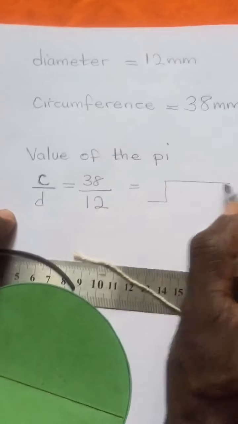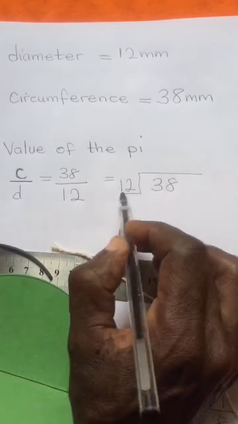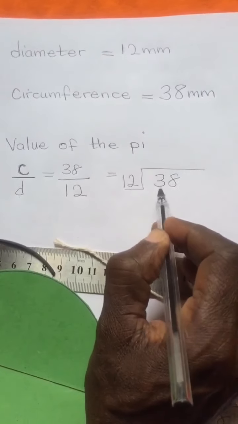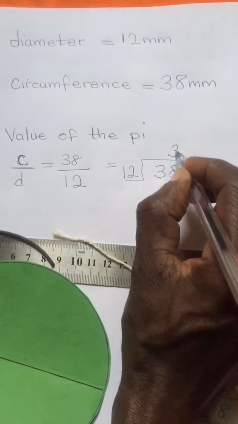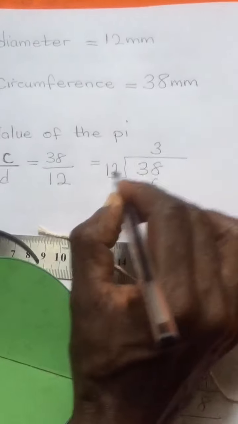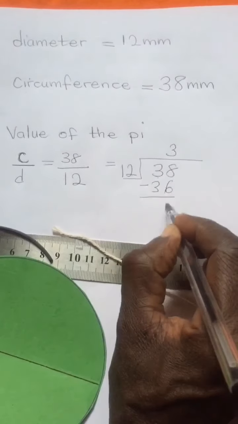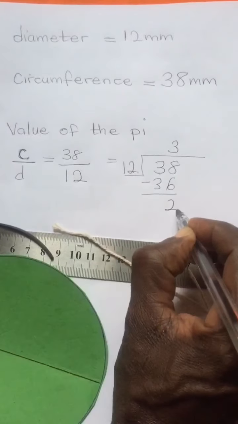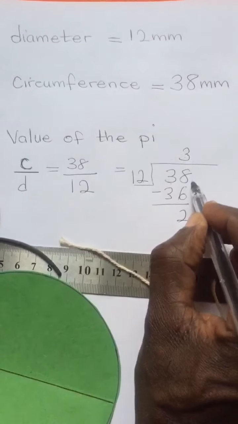So let's try to divide there. We are saying the 12 must get into 38. 12 cannot get into 3, but can get into 38. How many times? 3. 3 times 2, that is 6. 3 times 1, that is 3. When you take away, you are going to have 2 there. Now here, there's nothing here, but we have to know that there's a decimal point here.